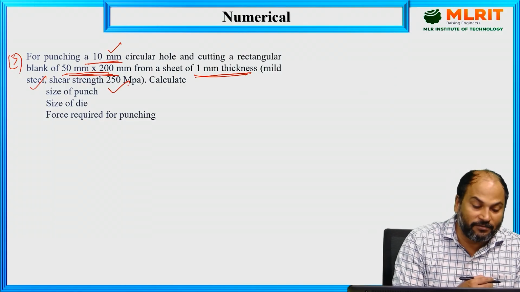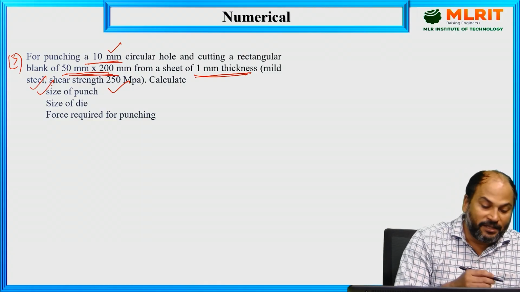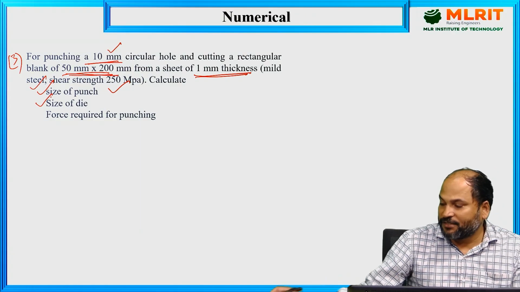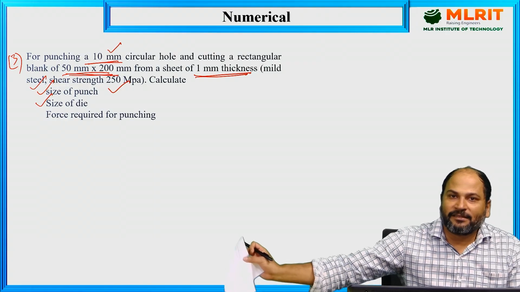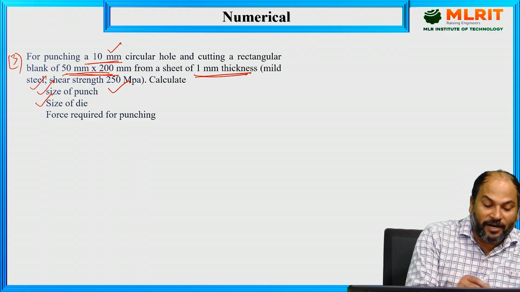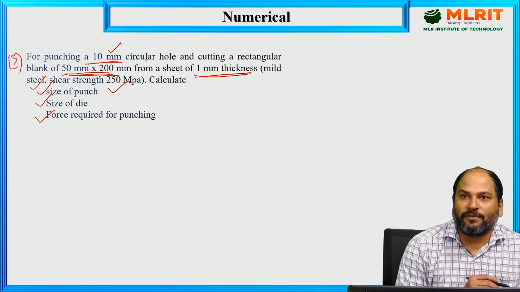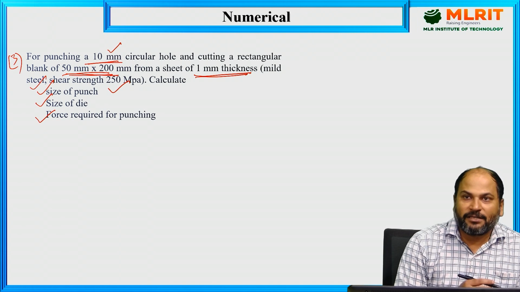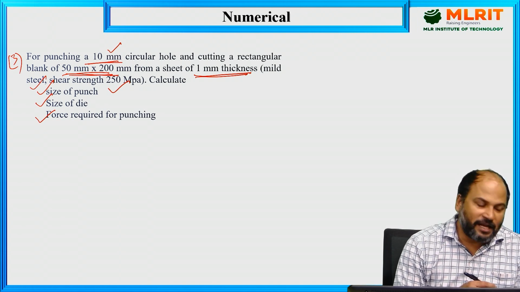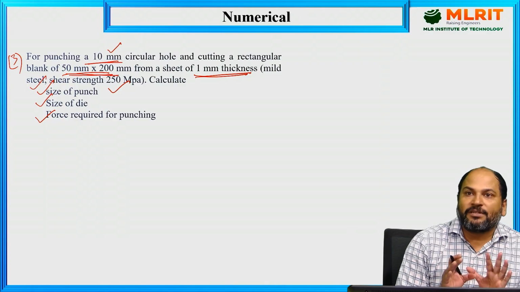What do we have to calculate? First, the size of the punch. Then the size of the die, and then of course the force required for the punching. So how to calculate this? It's quite easy. We have already discussed it. The size of the punch will be the size of the hole.